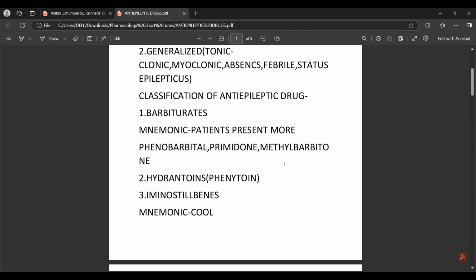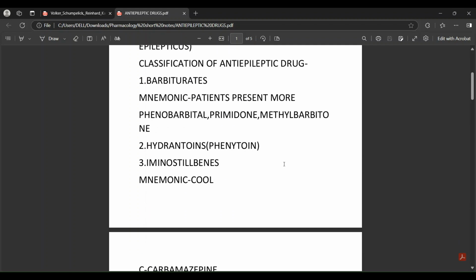The mnemonic is "patients present more." First P is for phenobarbital. Second P is for primidone. M is for methylphenobarbital. Nowadays, phenobarbital is not very much used clinically due to its higher side effects. We talked about that in the barbiturates video.